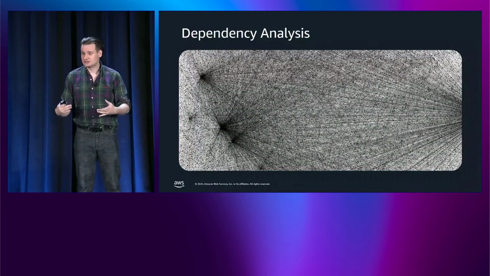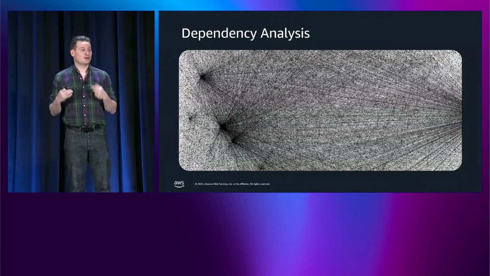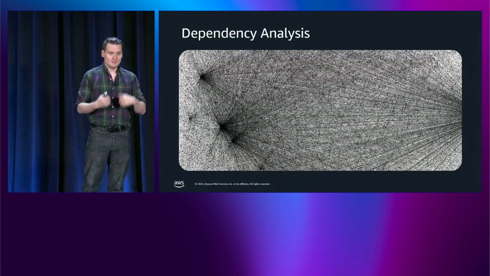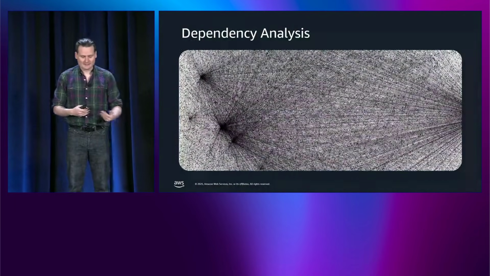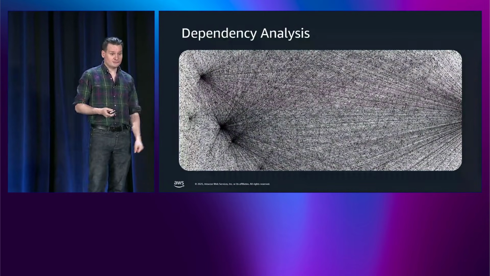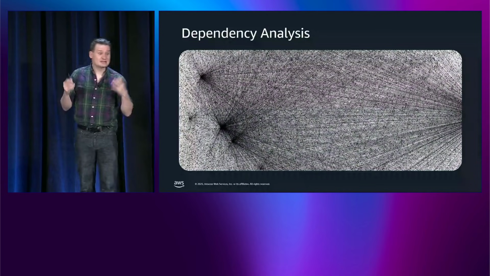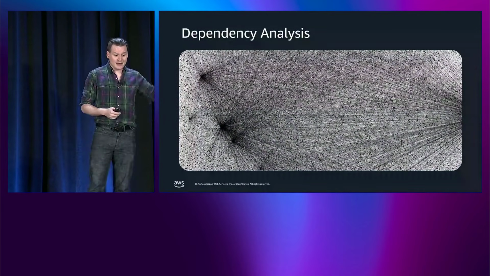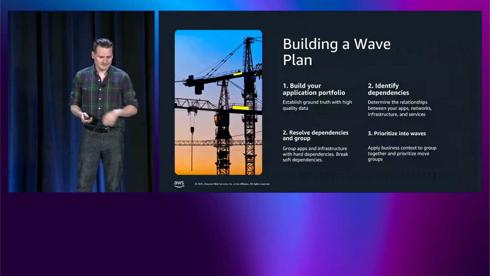Through graph analysis, through all sorts of manual tools, but it is a huge time-consuming slog, and it's error-prone. Miss a dependency, risk a wave failing to complete, you have to roll back. So this is a huge opportunity for generative AI to help us with. We can use LLMs to solve this problem instead of doing it manually. But nevertheless, dependency analysis is a critical step which powers the way we plan.